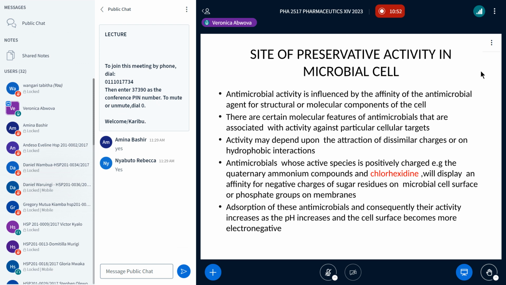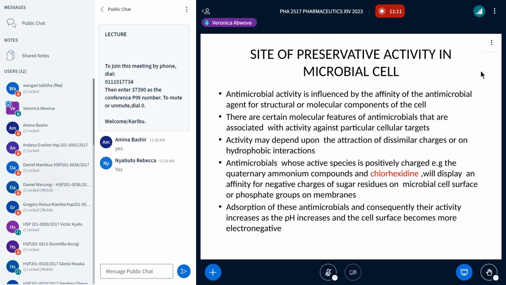That's what we are talking about. So there are certain molecular features of antimicrobials that are associated with activity against particular cellular targets. Activity may depend upon the attraction of dissimilar charges or on hydrophobic interactions.